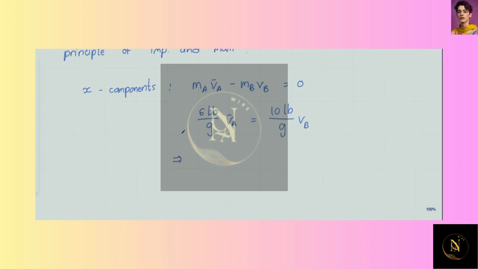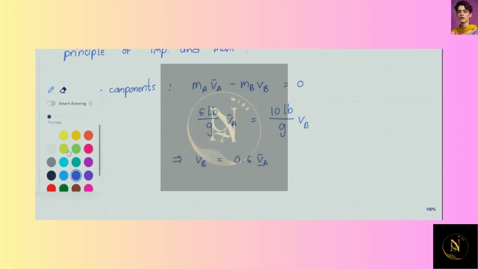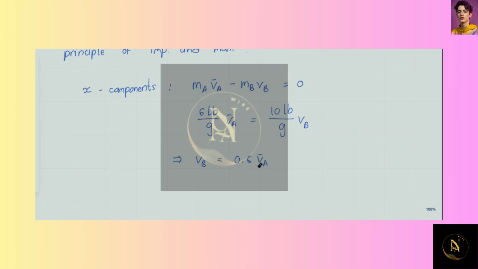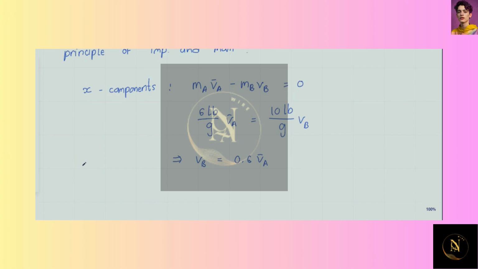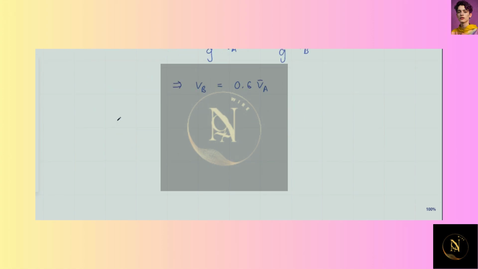And then from here we can see that VB, the velocity of the cart, is related to the linear velocity of the center of the cylinder, VA. VB is equal to 0.6 times VA. So now we have an expression that relates the two speeds, the speed of the cart and the linear speed of the cylinder.